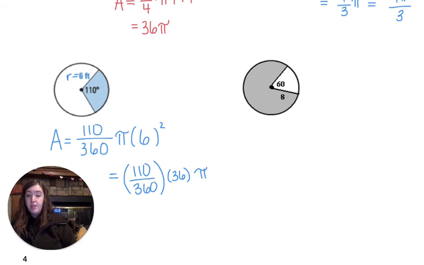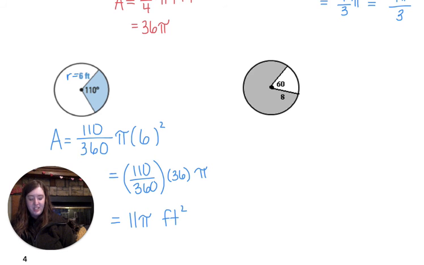And then we're not going to put the pi in the calculator. We're just going to write the pi down later. So when we put 110 over 360 times 36, we're actually going to end up with 11. And then the pi just comes along. And that's in feet, so that's feet squared.